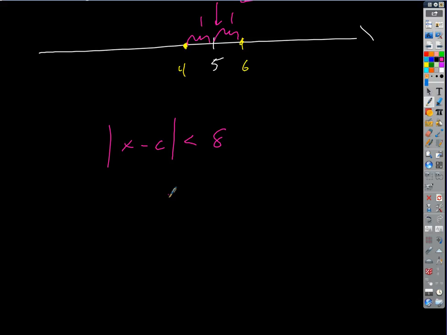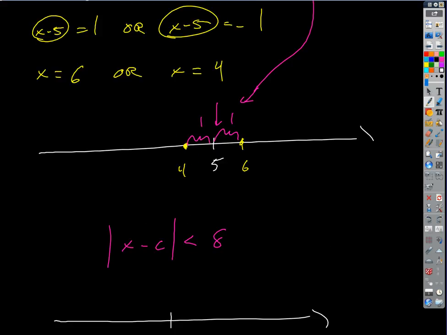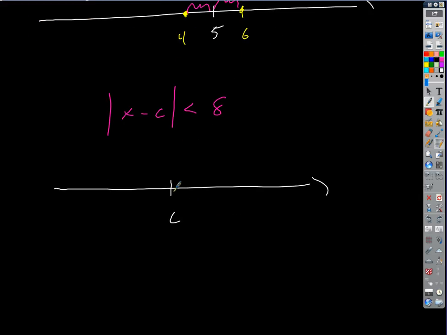Does that make sense? So if I were to graph that on a number line, wouldn't that just look something like this? I've got my center point at C, just like we had 5 up here, and I want all the values that are no more than delta away from that. So it'd be like saying this. All those values in there, wouldn't it? Everybody see that? Okay, hold that thought.